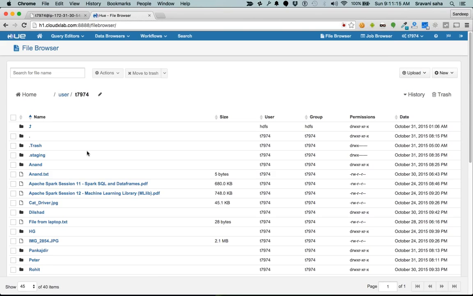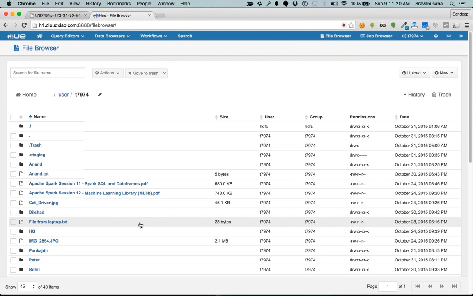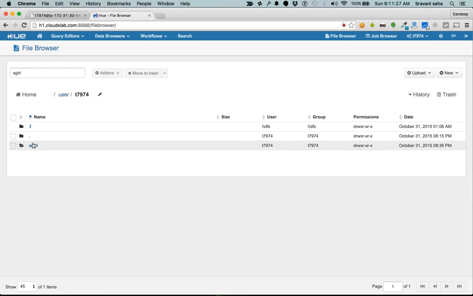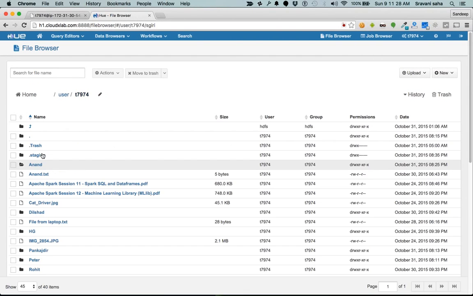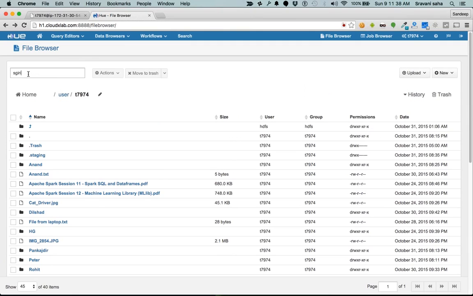So what was the output folder? Anyone? It is asgiri, word count and output. Asgiri and word count.